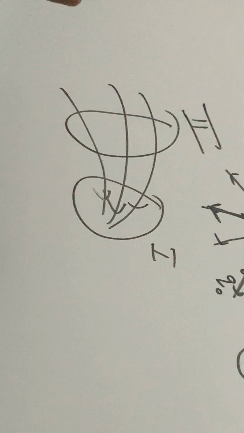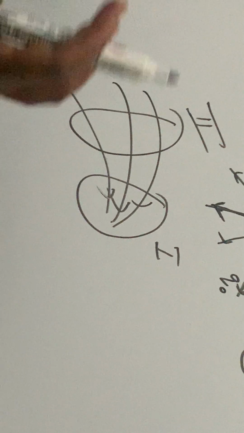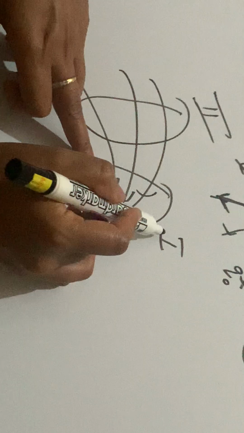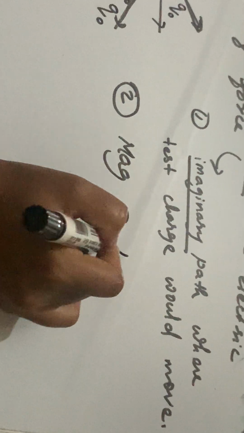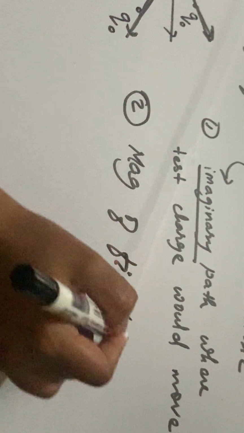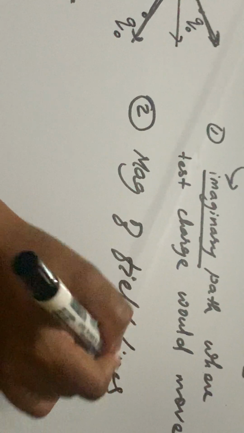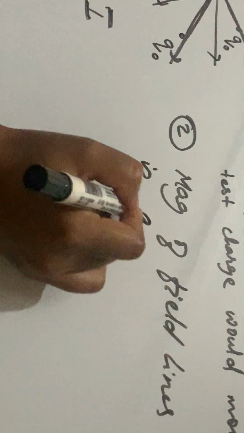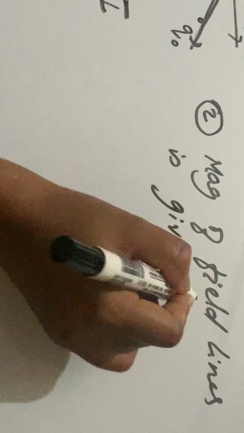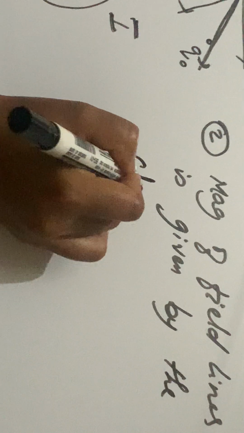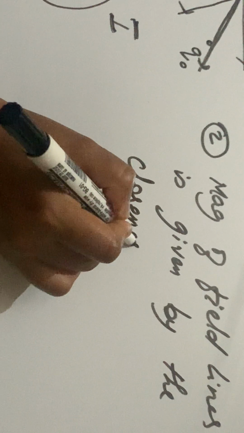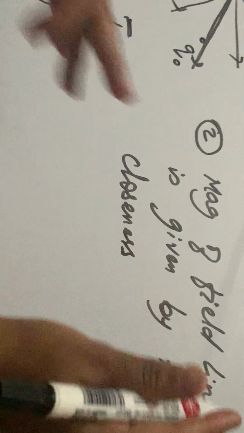Where is the electric field strong? We can say this one, because the magnitude of the field is given by the closeness of the field lines.